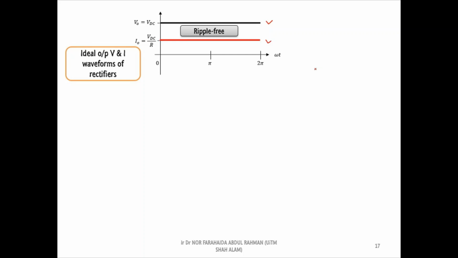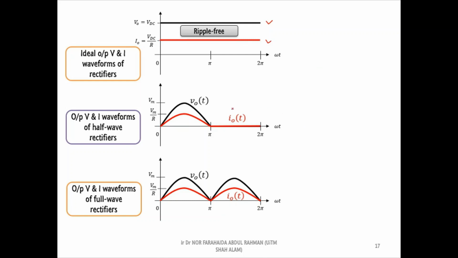In the last video, we saw that the output voltage and output current waveforms generated by both half-wave and full-wave rectifiers are not constant. These waveforms consist of voltage or current ripples due to the existence of AC components at different frequencies.